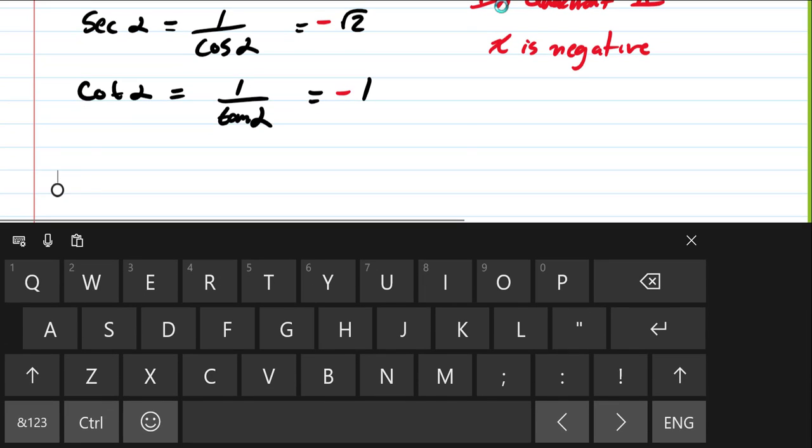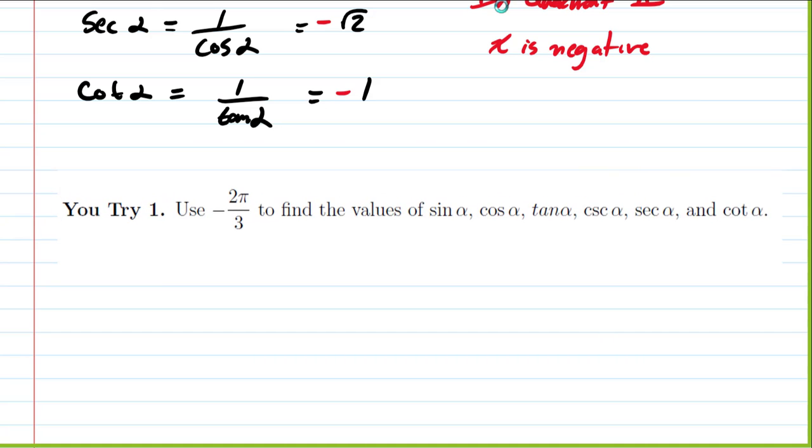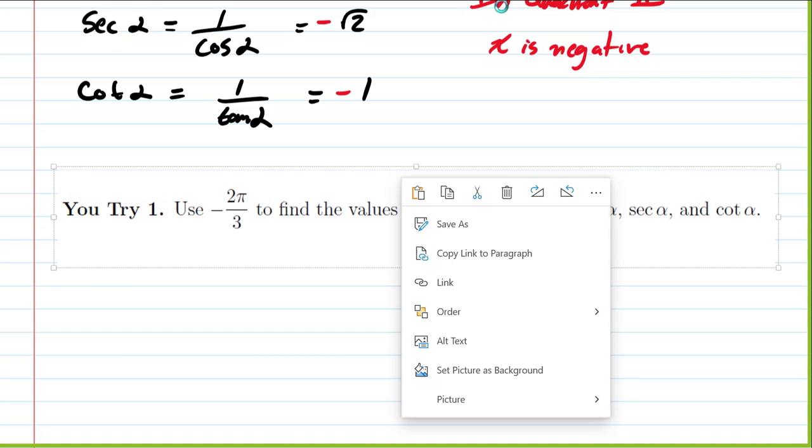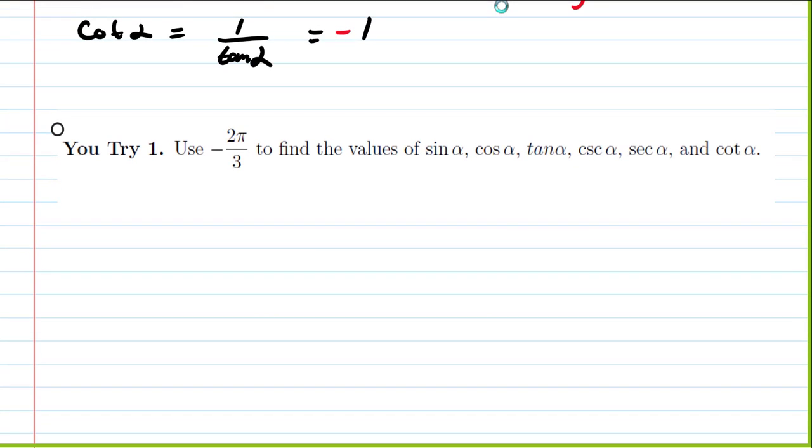All right, the next one is for you guys. And we want to use negative 2 pi over 3 to find the values of sine, cosine, tangent, cosecant, secant, and cotangent. So before I turn you loose, I'm going to give you a hint.